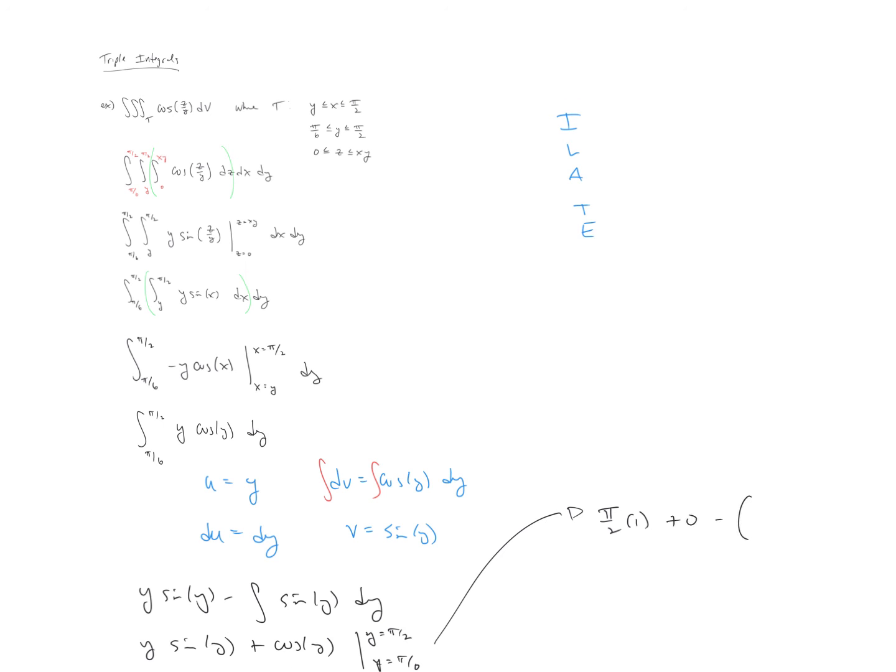And then minus our pi over 6 being plugged in here, which would be a pi over 6 times 1/2. And then the cosine here at pi over 6 would be a root 3 over 2. And so in cleaning this up, it actually turns out to be 5 pi over 12 minus root 3 over 2 for the final answer.